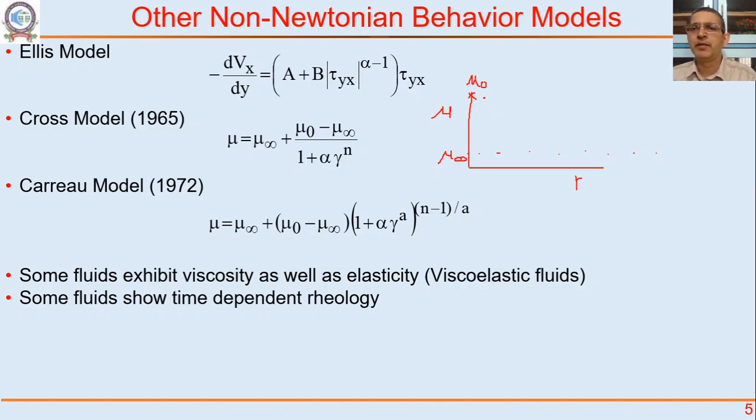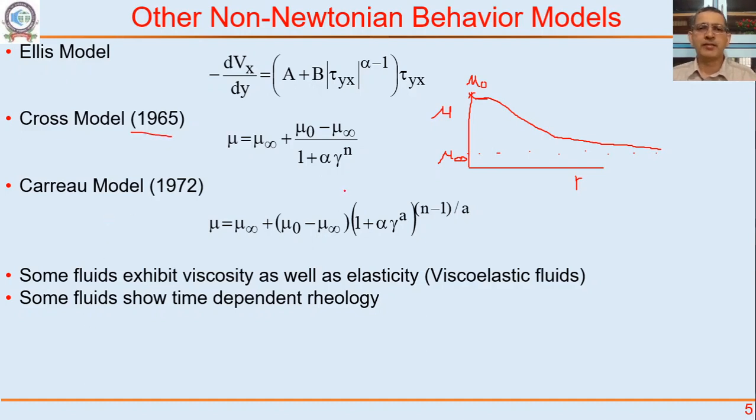The behavior is something like this. It asymptotically approaches mu infinity, and it asymptotically approaches mu 0. That's how the viscosity variation is for this particular model.